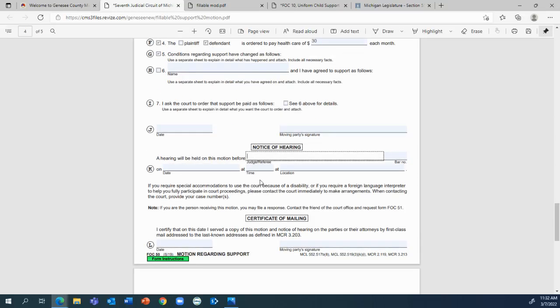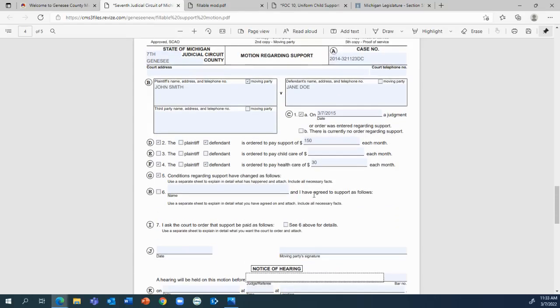And then you are also going to have the cert of mailing, which is going to be a requirement anytime that a motion is being filed. The other party needs to be served with that motion so they have an opportunity to respond and to be aware of the hearing so that they can show up as well and say their side of the story. That is required anytime there's going to be a motion.